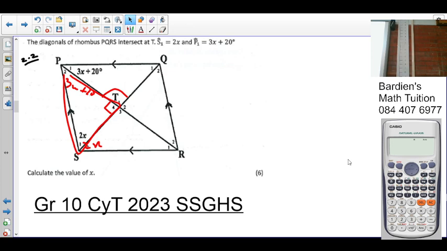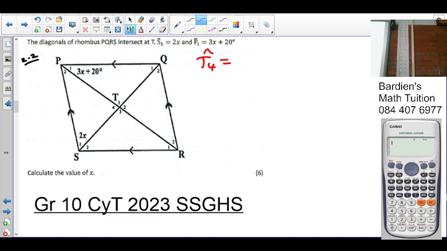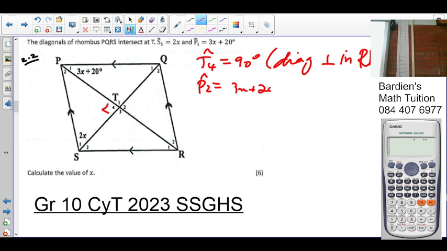Now the question says, calculate the value of x. Imagine, I can't help that these sums are so easy. People, T4 is equal to 90, why? Diagonals perpendicular in rhombus. Then we're going to say that P2 is equal to 3x plus 20, why?